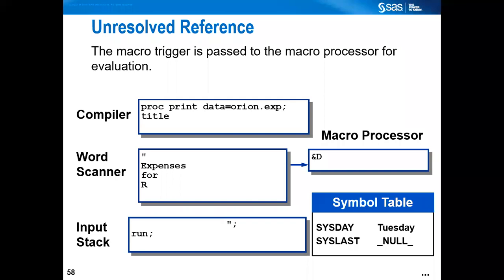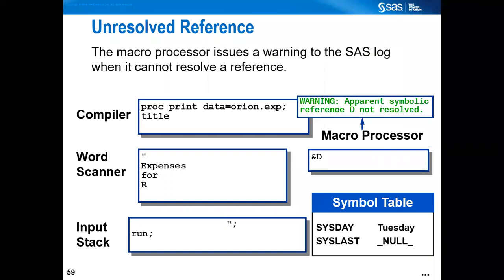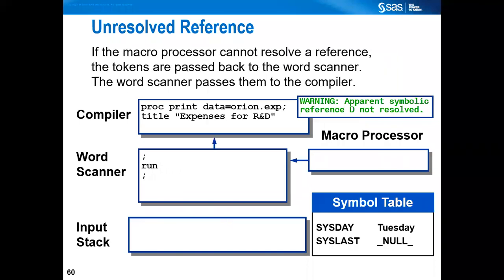That is a macro variable. So that &D is passed on to macro processor. It will try to look into your global symbol table, and because it does not find this macro variable, it will immediately write a warning to log, and it will keep on processing your program. Understood? Yes, sir. Yes.